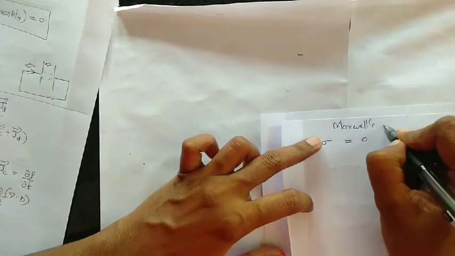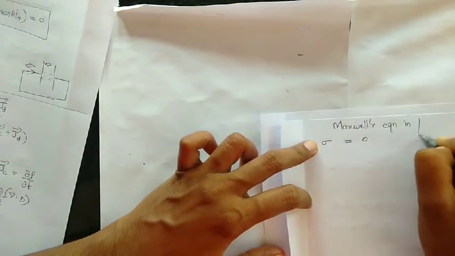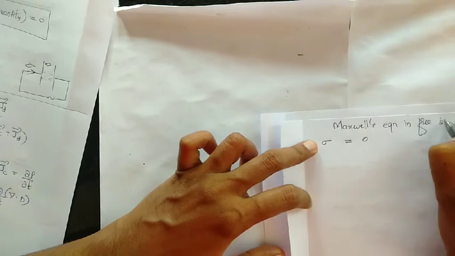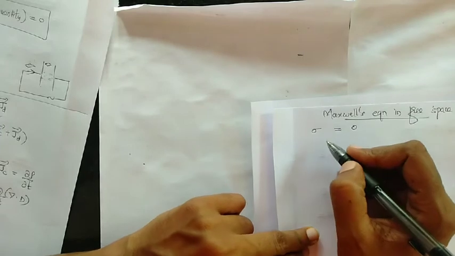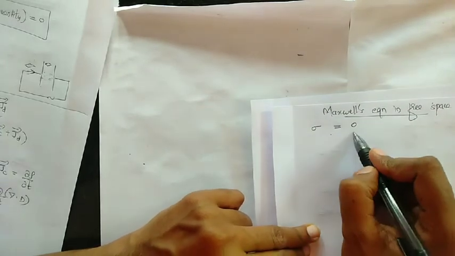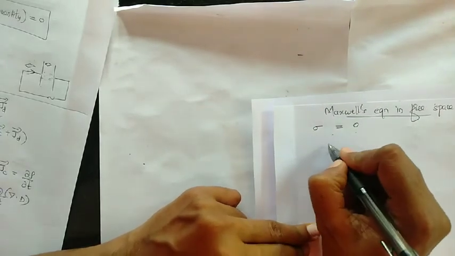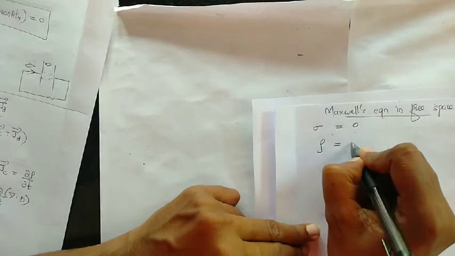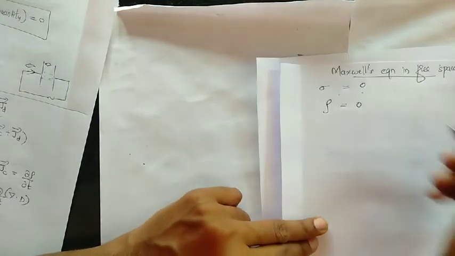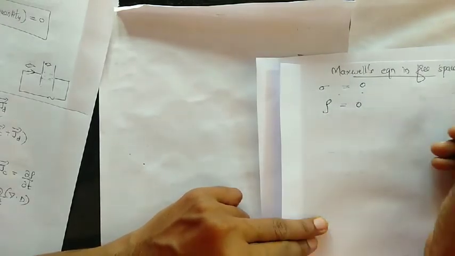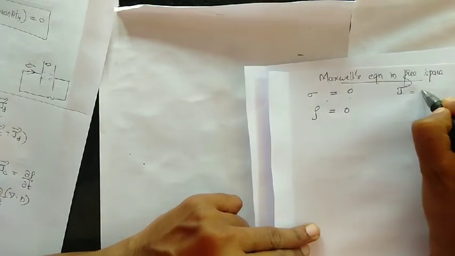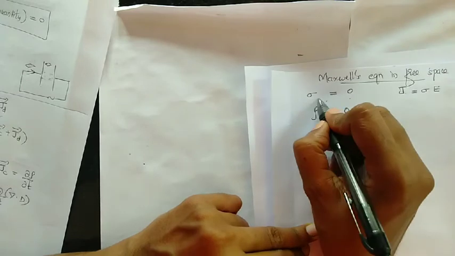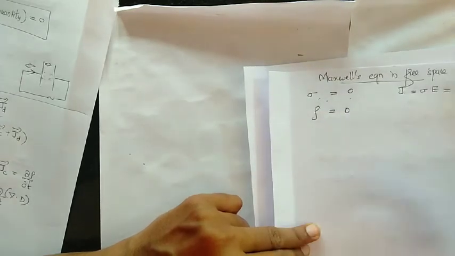In order to derive that, it's not such a large derivation, you should keep in mind that the conductivity for free space sigma equals 0. Charge density rho is also 0. Therefore, the corresponding relation will also become 0. Corresponding relation means current density J is equal to sigma into E. As sigma equals 0, this will also be 0.